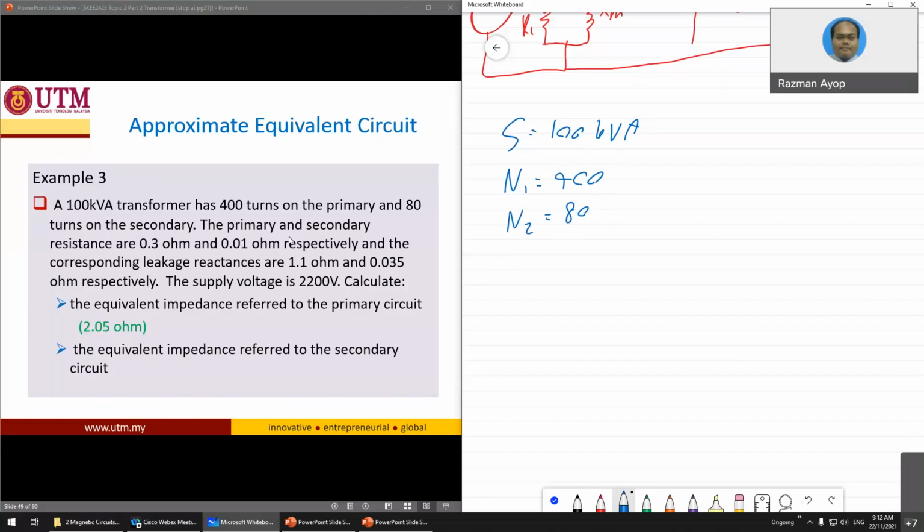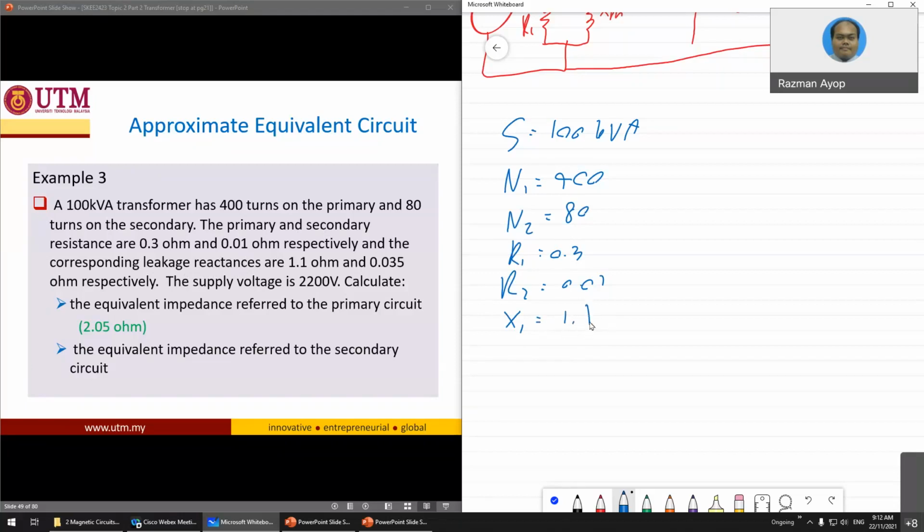You can see here the primary and secondary resistance: R1 is 0.3, R2 is 0.01. And the leakage reactance, X1, you have to know what leakage reactance is, the resistance and everything.